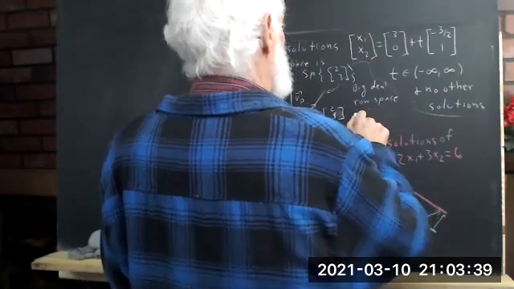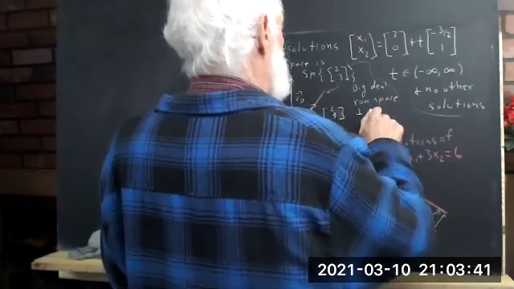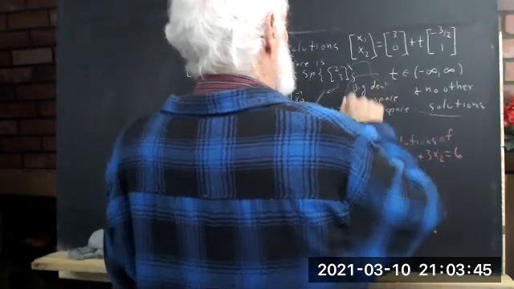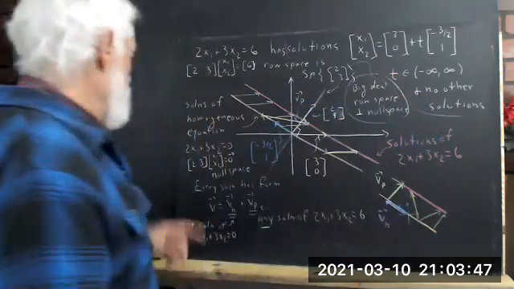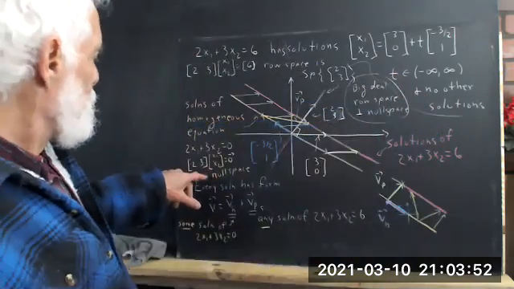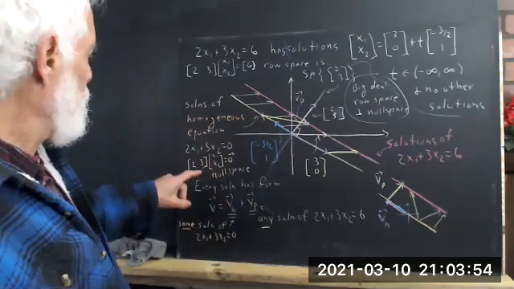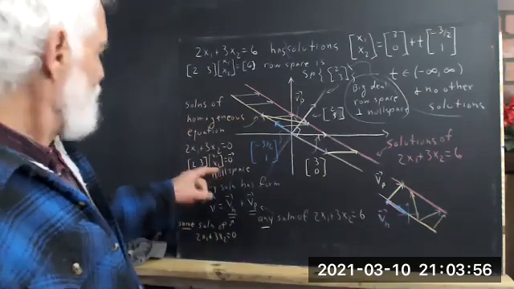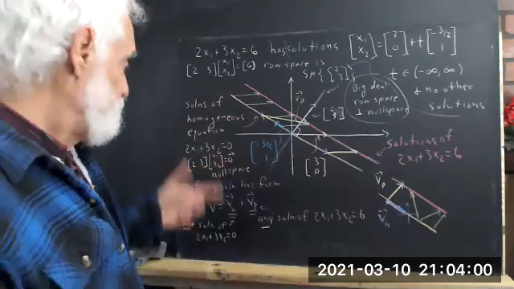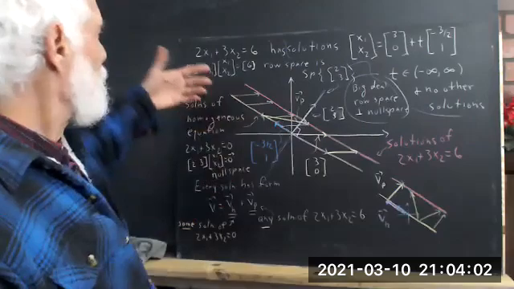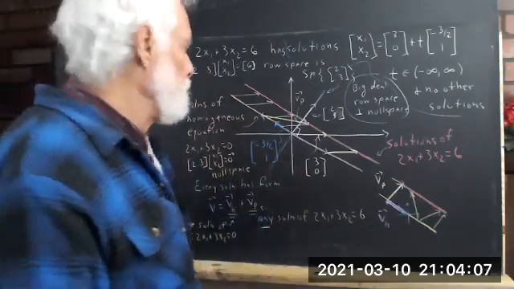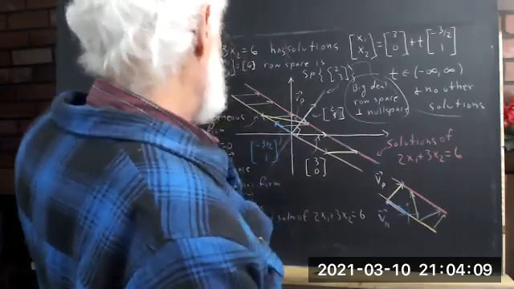The row space is perpendicular to the null space of the matrix. And of course, I just used the word null space. I don't remember if I used it before, but the set of vectors that map to 0 is what we call the null space. The set of vectors that satisfy the homogeneous equation is your null space.